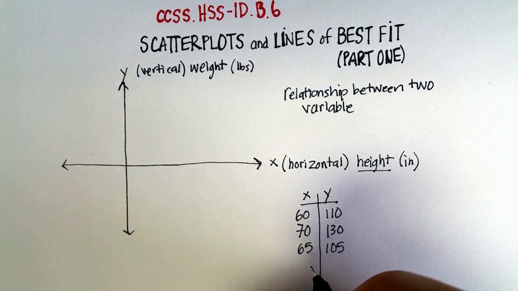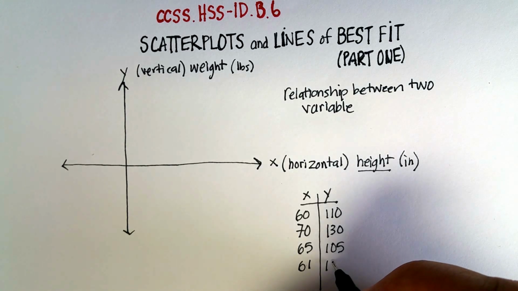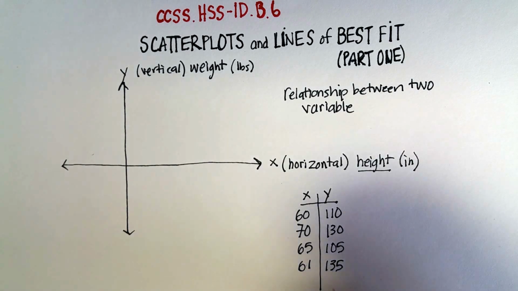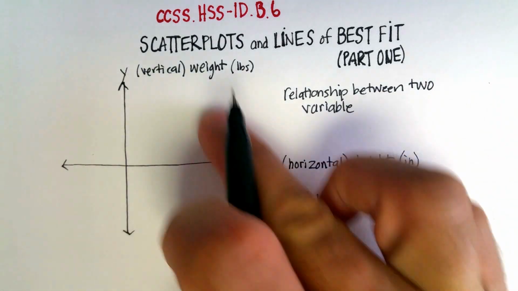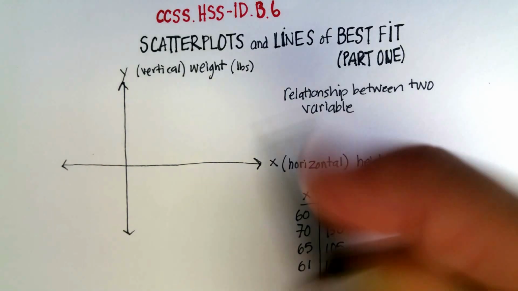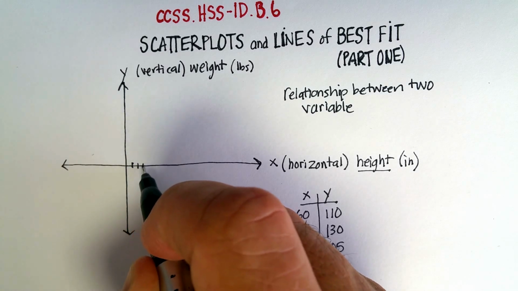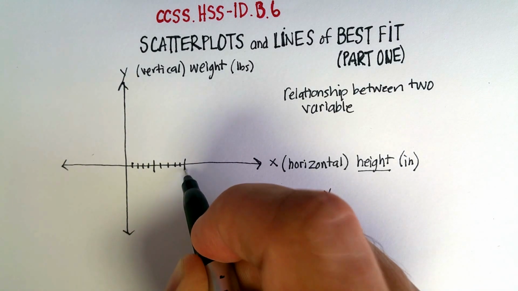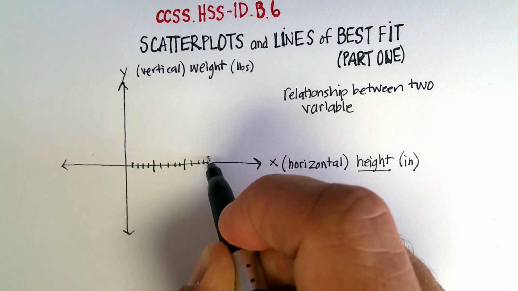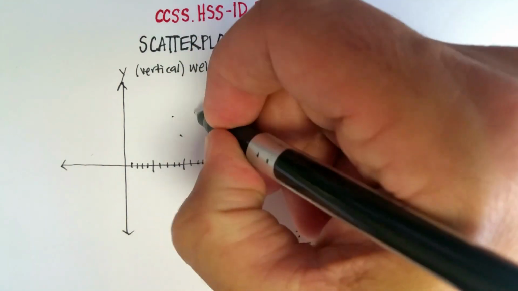Let's say somebody else, they're 61 inches tall and they weigh 135 pounds, etc., etc. Now, if I were to graph these coordinates on this plane, on this XY axis, and let's do this, 5, 10, 15, 20, 25, 30, 35, 40, 45, 50, 55, 60, 65, 70, etc., I might get something that looks like this.